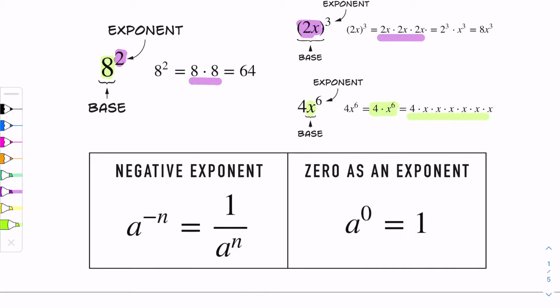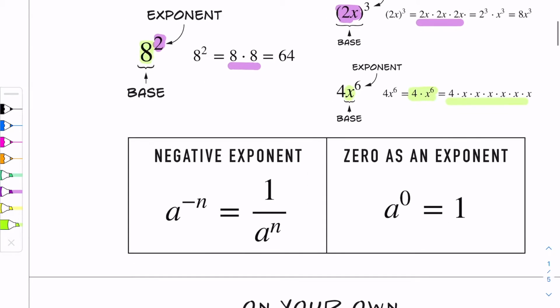But two others that are extremely important, especially for this lesson, are negative exponents and zero exponents. So for negative exponents, they become positive in the opposite location. So if you have a negative exponent in the numerator, it becomes a positive exponent in the denominator.